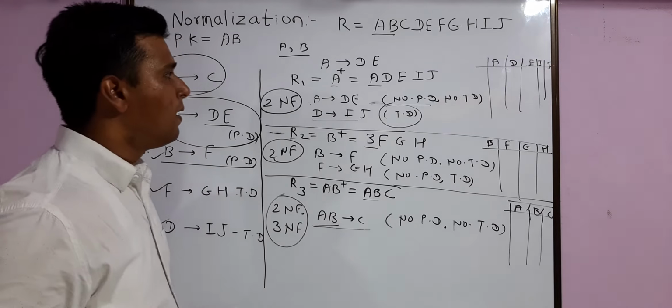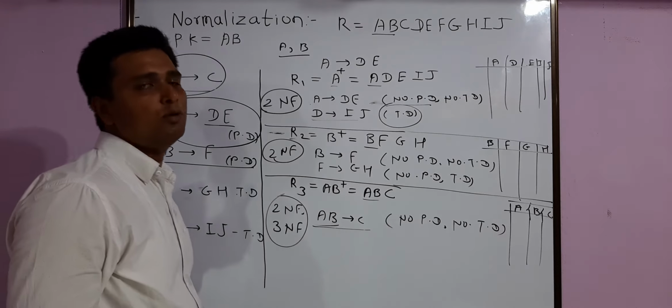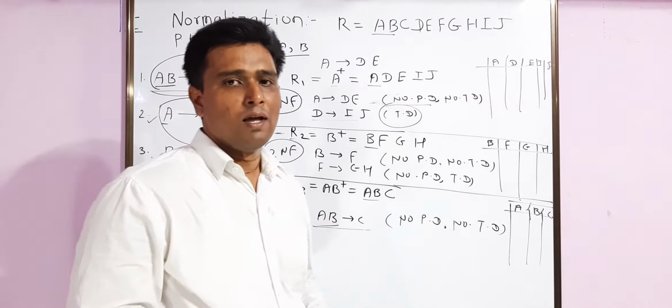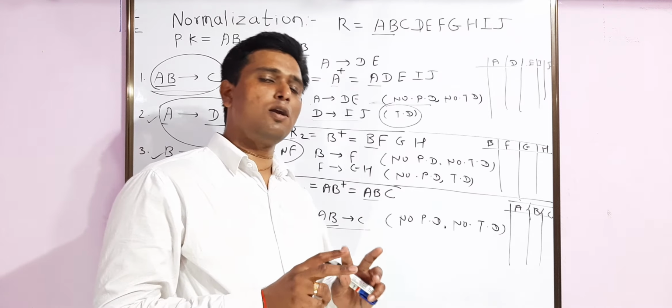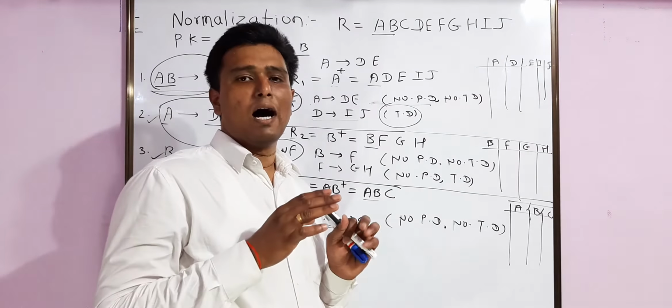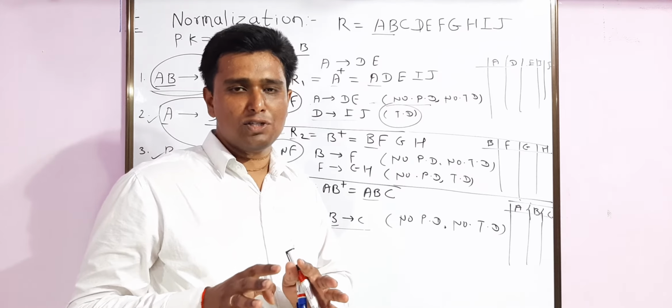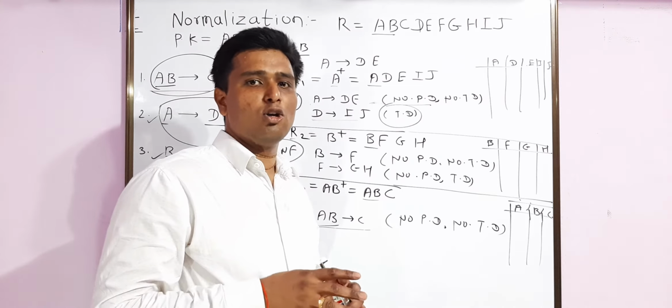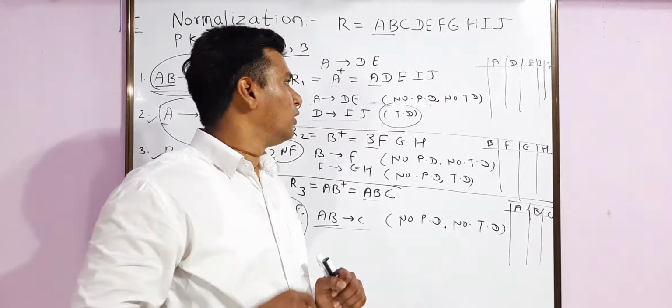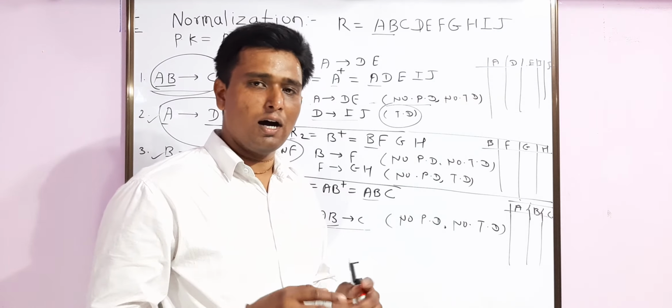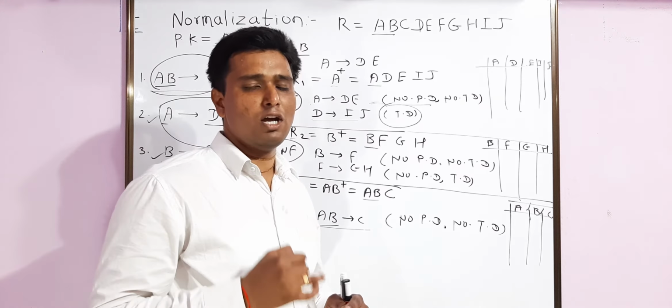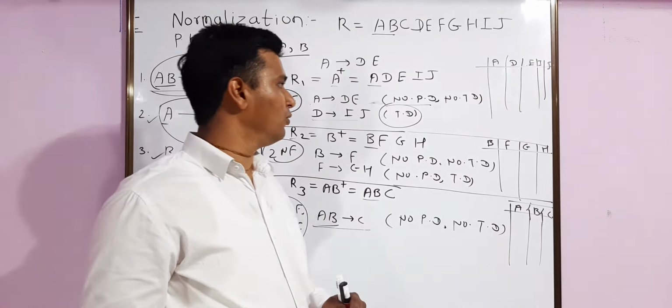Okay, it's very simple, but understand this decomposition can be of two types: dependency preserving decomposition, as well as lossless decomposition. Okay, so let's see what is functional dependency preserving decomposition as well as lossless decomposition.